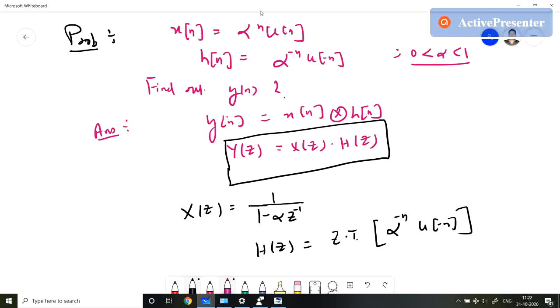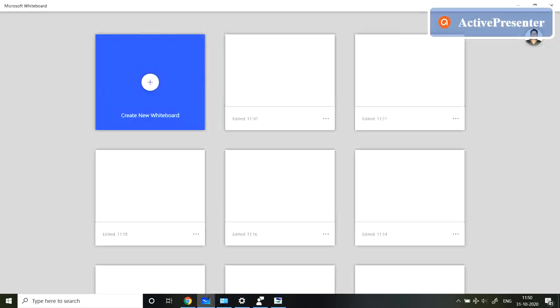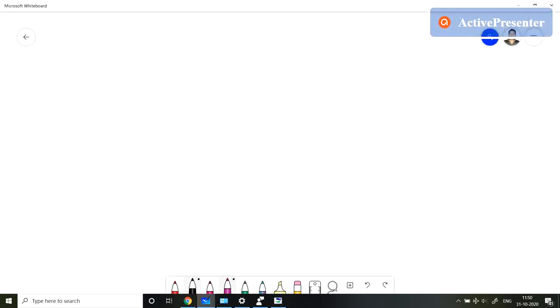We need to find the z transform of this signal, that h(n) is alpha raised to the power minus n u(minus n).